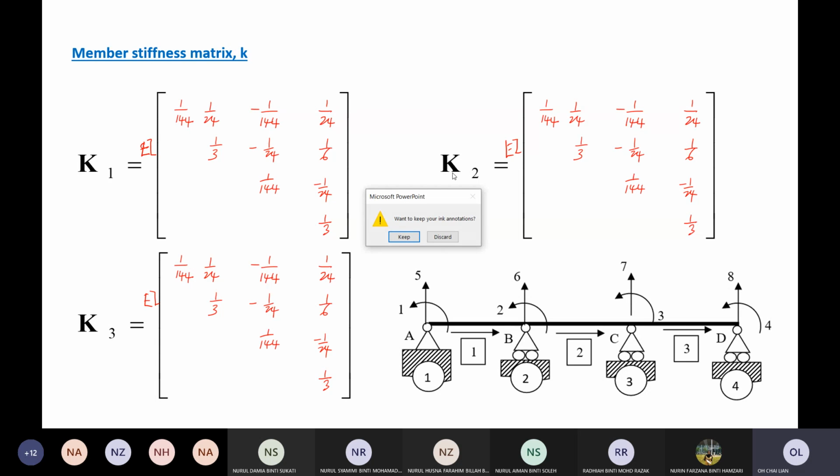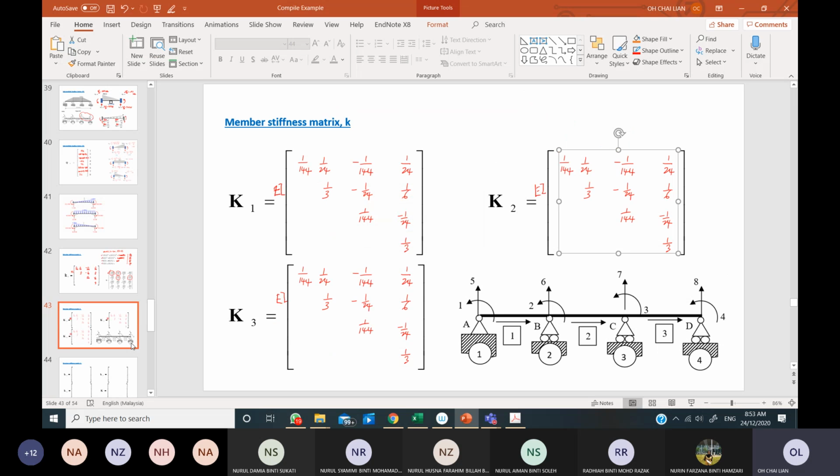While waiting, I would like to copy this for the next page.